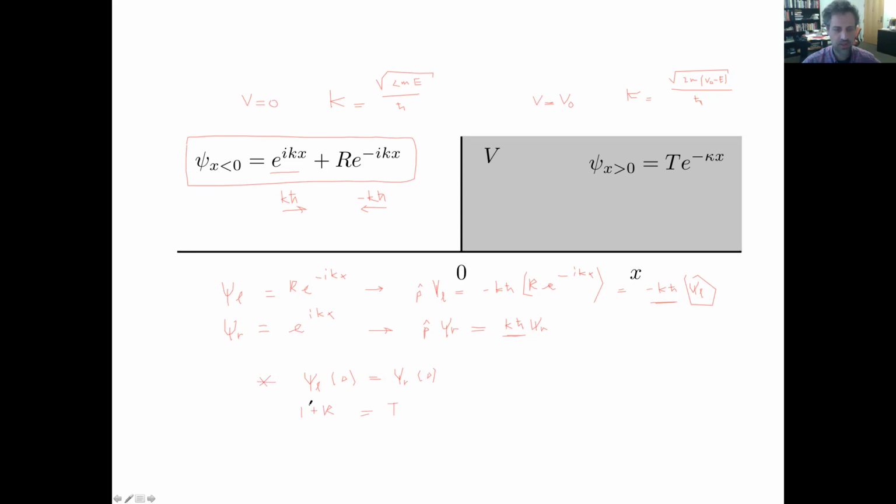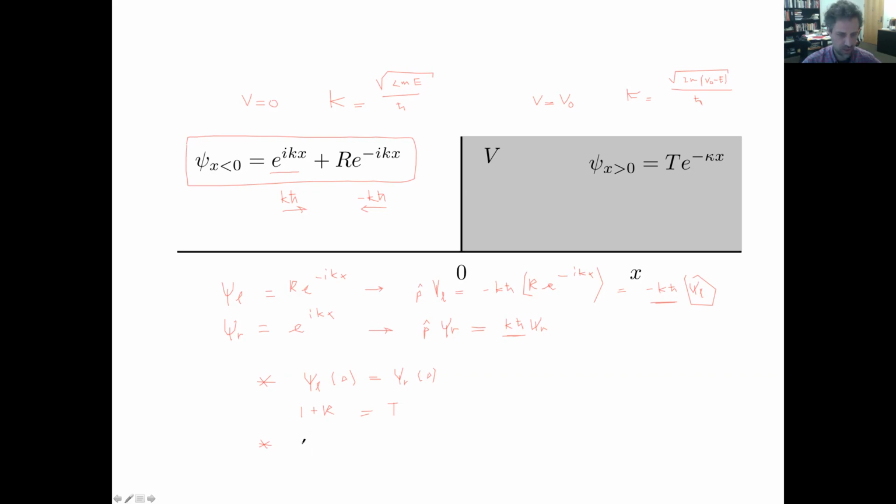Is there another boundary condition? Well, there is actually. Another boundary condition is, as we saw a couple of lectures ago, that the slope must be continuous everywhere. That means also at location x equals 0. It must be equal on the left and the right at position x. So I take the derivative of this function and fill out x equals 0.